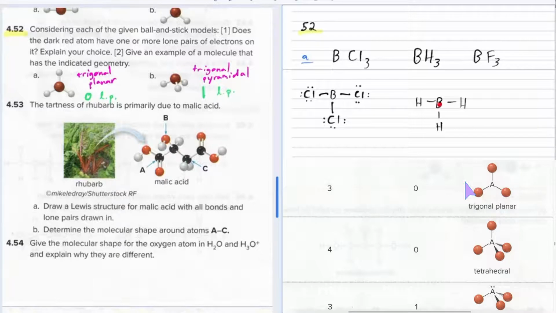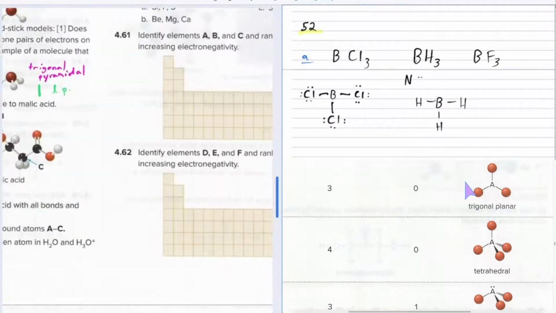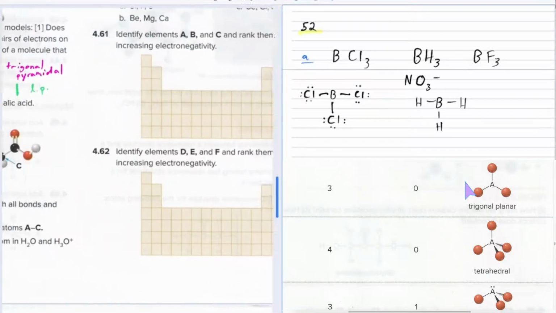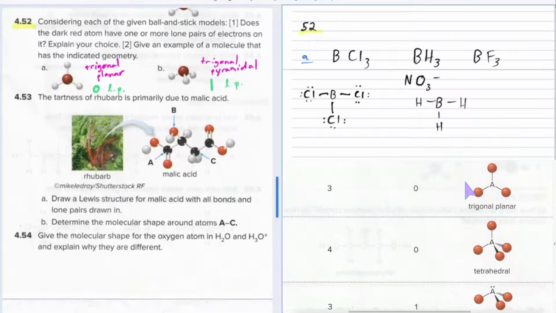Boron likes trigonal planar structures, but some other ones, NO3 minus, the nitrate anion, is also a trigonal planar structure, and the carbonate CO3 2 minus. I'll leave it up to you if you want to draw the Lewis structures for those. We did nitrate earlier in one of the homework problems, and we did carbonate maybe in the lecture videos. Anyway, lots of examples for trigonal planar.